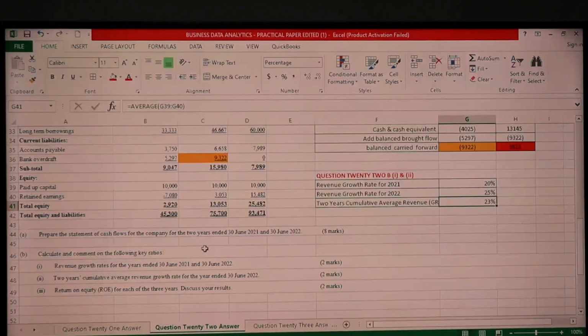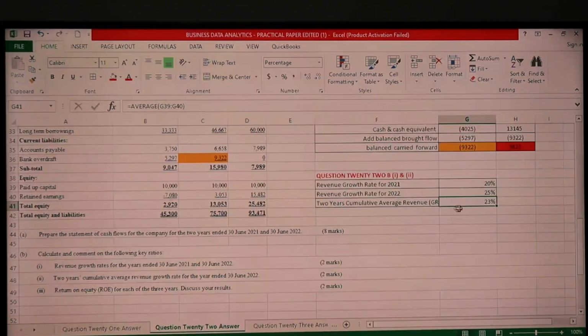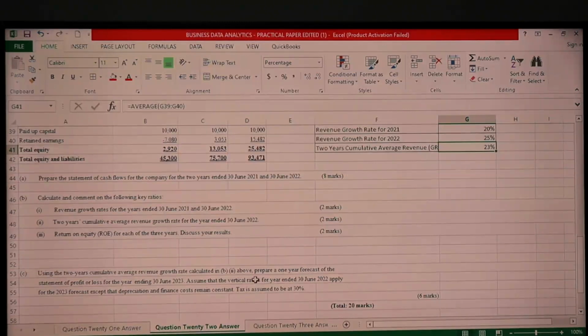So using that 23%, that was computed in B Roman 2 above, which is this one here. That is what we computed in B Roman 2. Then you're supposed to do what? You're supposed to prepare a 1 year, not now 2 years, but 1 year forecast of the statement of profit and loss for the year ending 30th June 2023.